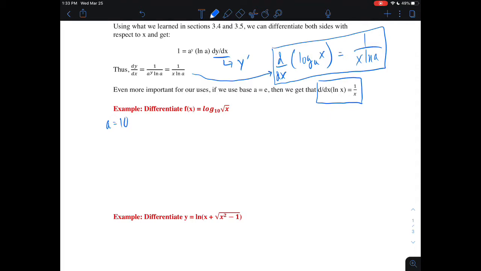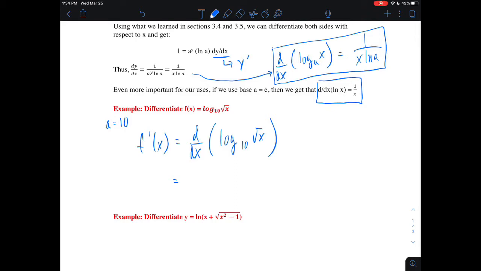So if we want to find this derivative, f prime of x, we're taking the derivative with respect to x of log base 10 of the square root of x. So first we have the derivative of the outside function. And that derivative is just like what we see up above in the first thing that I boxed.